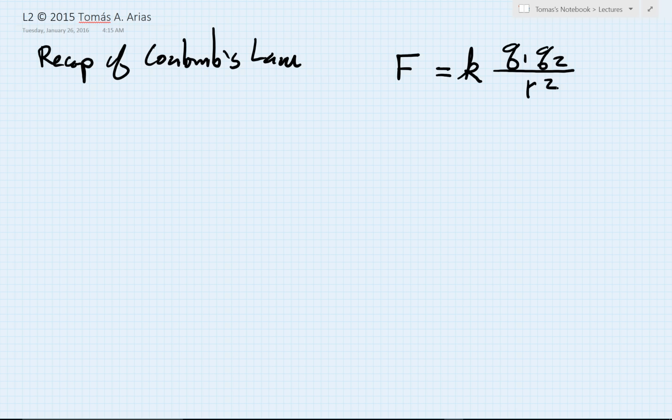I'd like now to get a little bit more precise about Coulomb's law, because it turns out, in the end, that everything in this course comes from Coulomb's law.